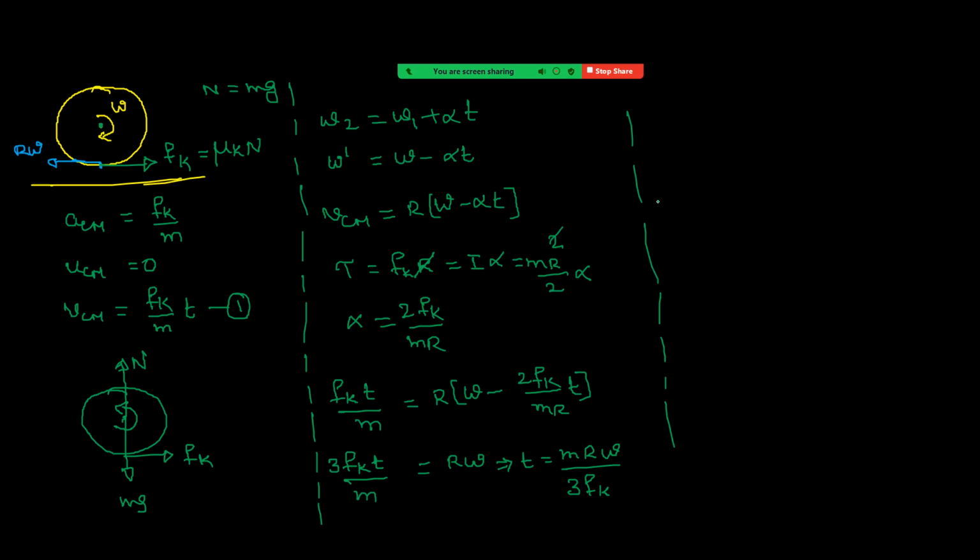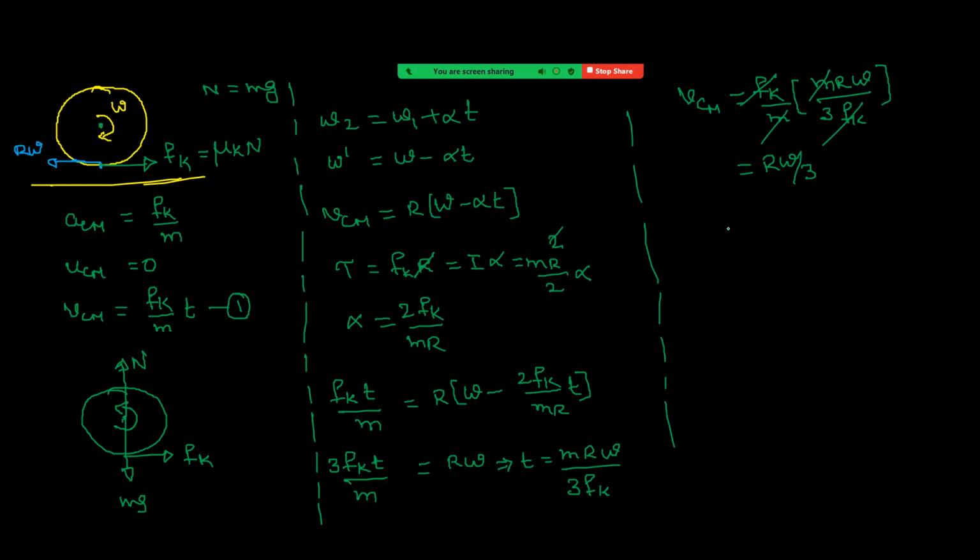What else is left? VCM is equal to Fk by M, in the place of T, M R omega upon 3 Fk. Fk gets cancelled, M gets cancelled. It is now R omega upon 3. That is the velocity when it starts rolling without slipping. Okay.